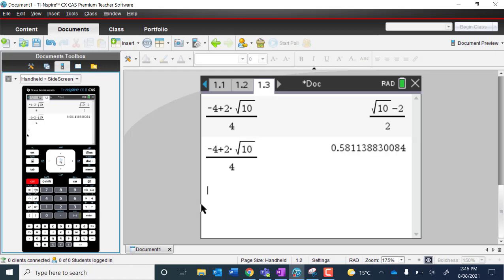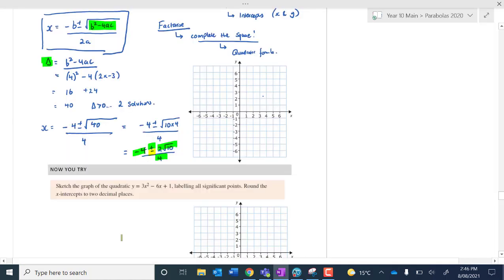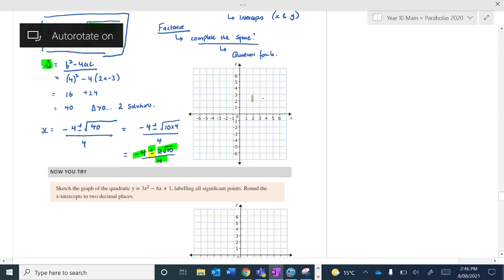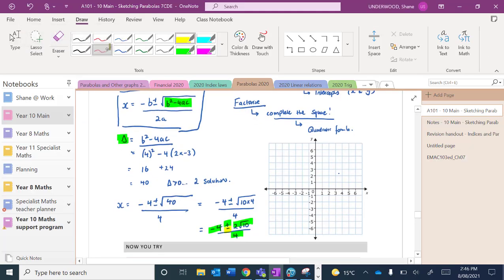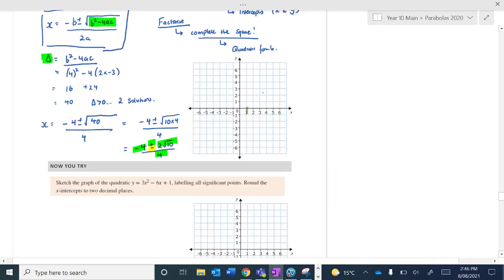Now that's going to give you that. Let's go control and 0.58, to 2 decimal places, so that's going to be 0.58. So let's mark that out as somewhere around about here.